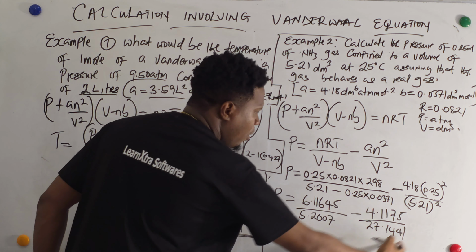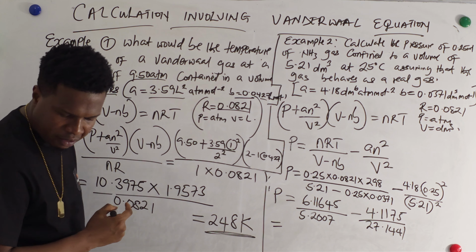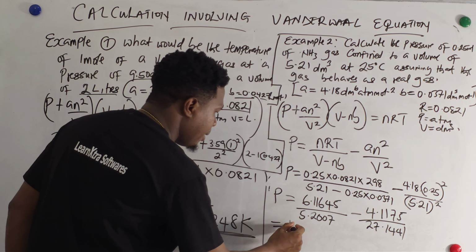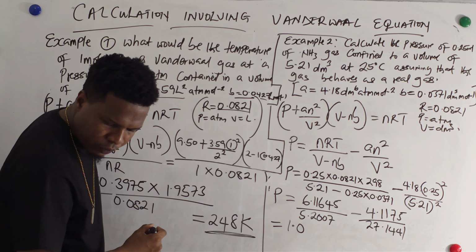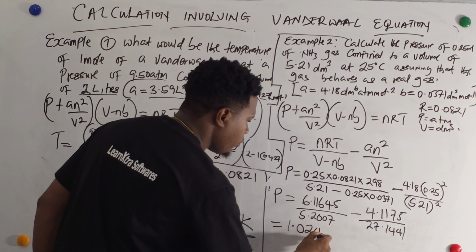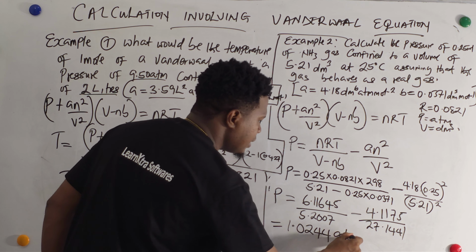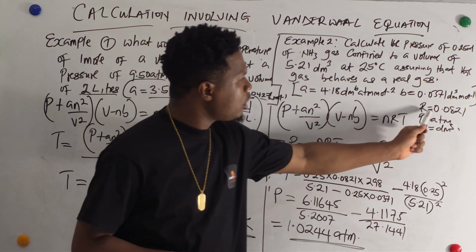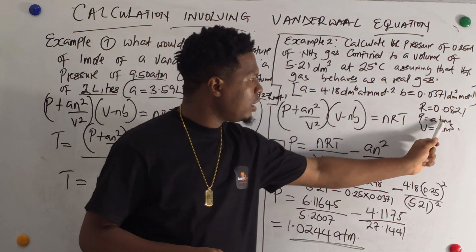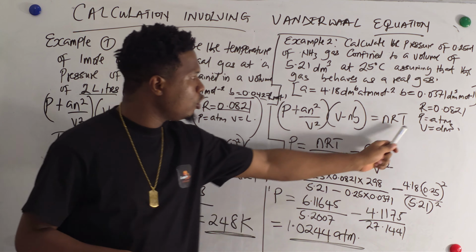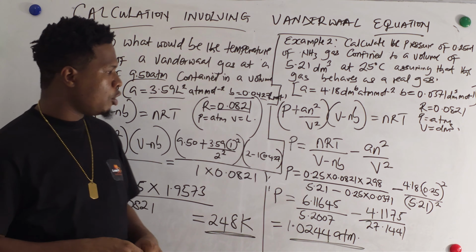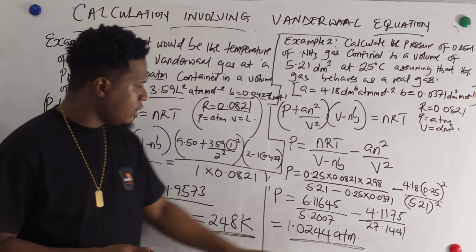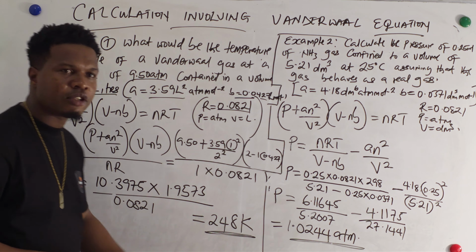If you simplify and work this out, the final answer to this question will be 1.0244 atm. Remember, I told you that if you use 0.0821, your pressure will definitely be in atm, since the volume was already in dm cube. So this is the answer to this question. The pressure to this question is this, while the temperature to the previous question is 248.